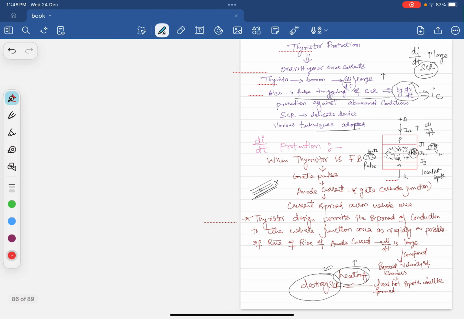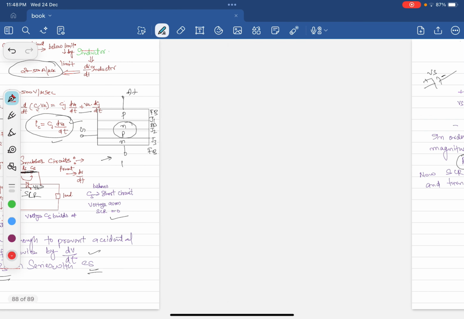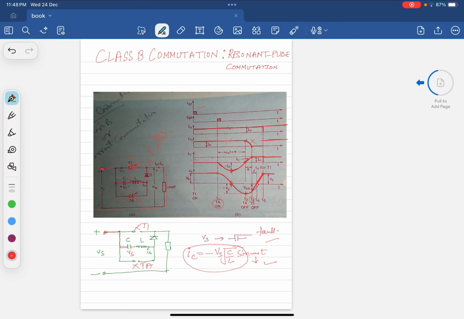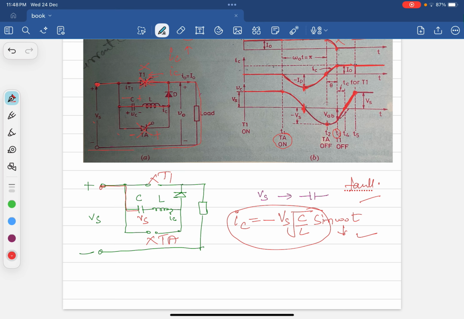It was available here. Okay, we will discuss another day. So how does this work? This is the charging current. This is its value, and this is the minus IP, the peak value of sine omega t. I hope you understand.